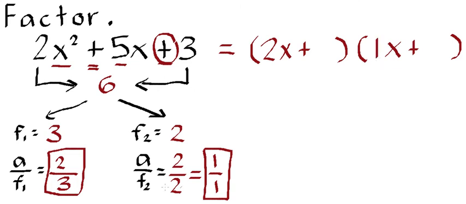At yung mga denominators naman ay yung magiging constant terms dito sa loob ng bawat parentheses. So, itong 3 na denominator, dito siya sa first set of parentheses, and itong 1 na denominator, dito siya sa second set of parentheses. Since ang 1x ay katumbas lamang ng x, pwede na nating tanggalin o burahin yung 1.